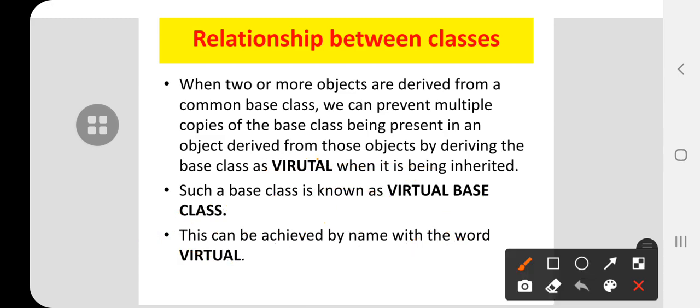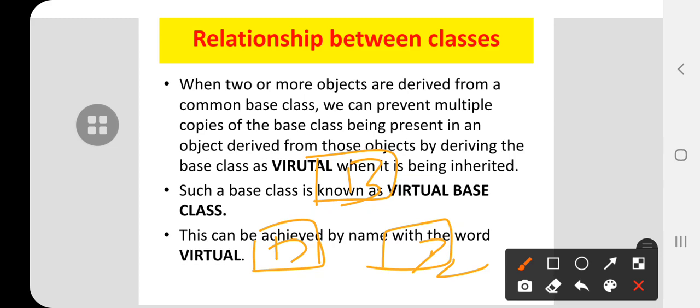See here, now you have a base class, and D1 and D2 as two derived classes. Assume B1 is an object created for the D1 class, and B2 is an object created for the D2 derived class. Now two objects are created for this common base class, so one has to be erased.